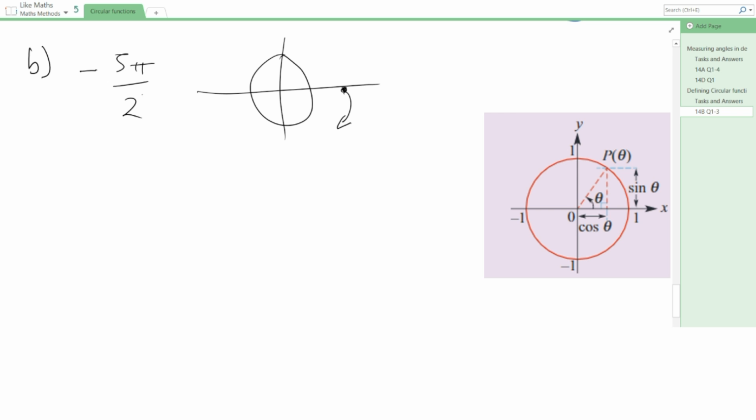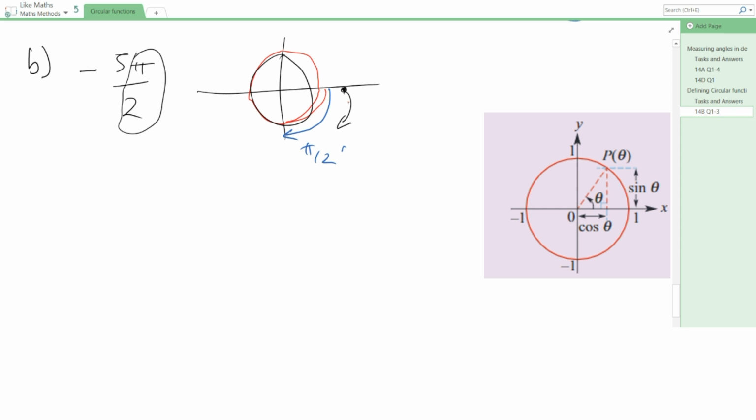And we've got 5 pi over 2, which I look at as 5 lots of half a pi. Half a pi radians would be this far around, pi over 2 radians. We'll go around 5 times, so once, twice, 3 times, 4 times, 5 times.